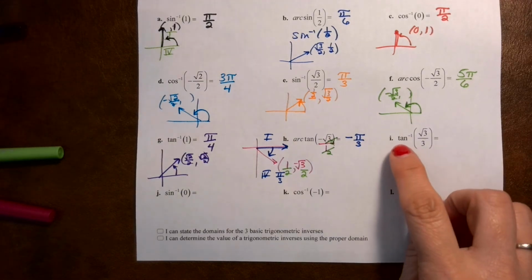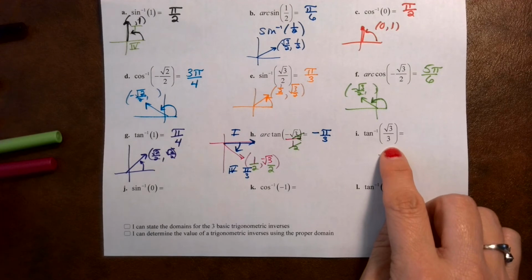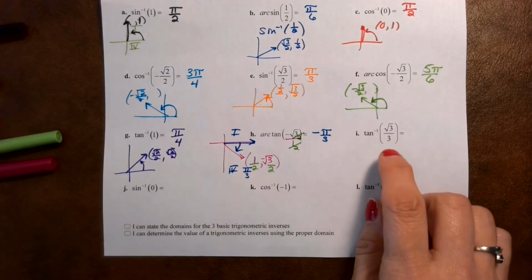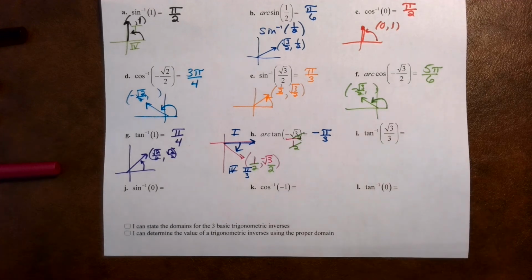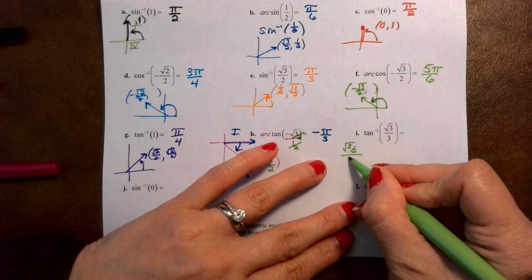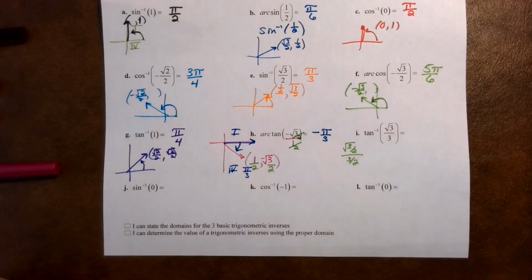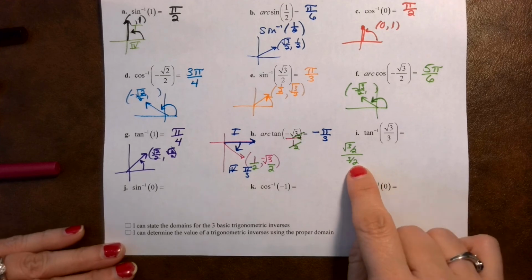All right, this tangent problem looks a little different. I'm going to try that over 2 trick again. If I have radical 3 over 2 and then 3 over 2, I don't remember seeing a point like that at all.